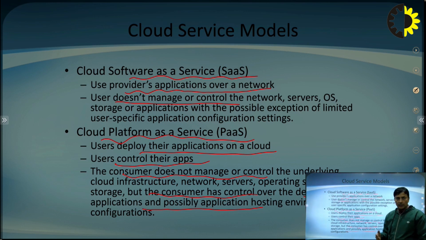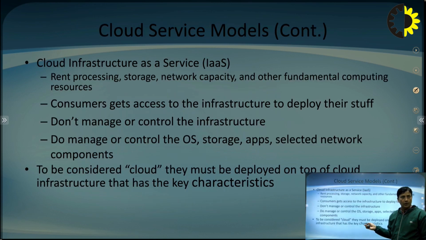This infrastructure cannot be controlled by you, but the application can be controlled by you. In SaaS, nothing is in our control, only very limited control like configuration of applications for you as a consumer.